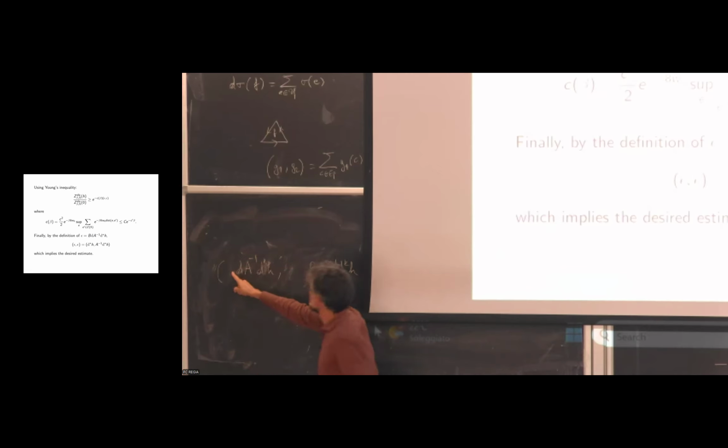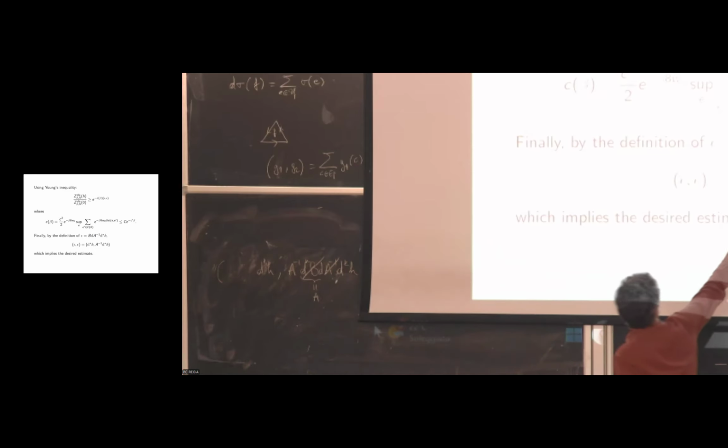B is self-adjoint, so I get a B squared, but B is a projection operator, so B squared is equal to B. Then I get D star, then I get a to the minus 1, and I stop here. This is equal to A, so this and this simplify, and I get this thing here.